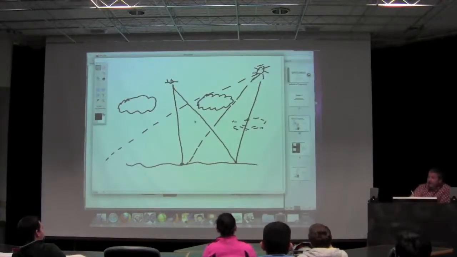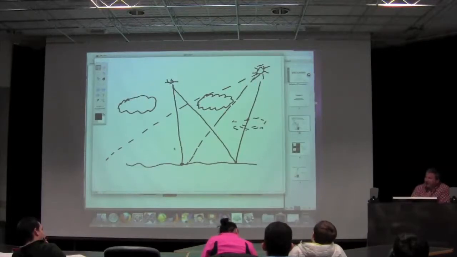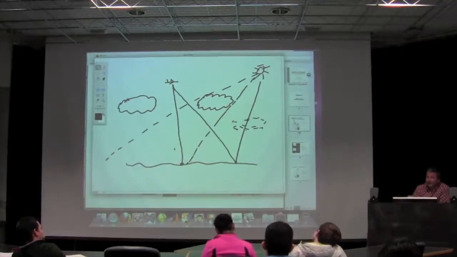Here, there's no direct sunlight, so there's no scattering, or very little, because there are fewer photons coming directly from the sun. So when you look in this cloud-covered area, you're actually going to be able to see to the ground much more clearly. The contrast of the two objects on the ground will appear higher under clouds than in a sunlit area. So you've got to look at that next time.